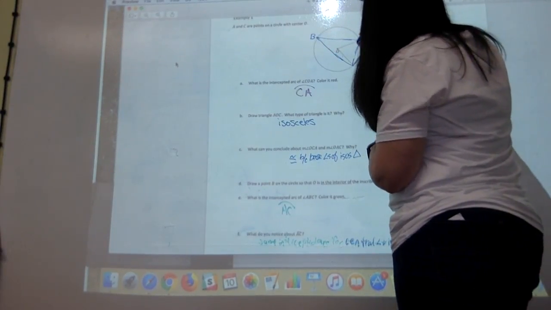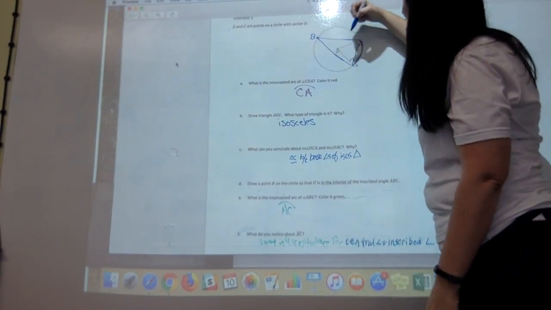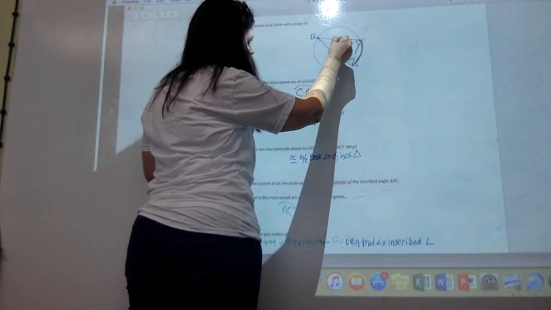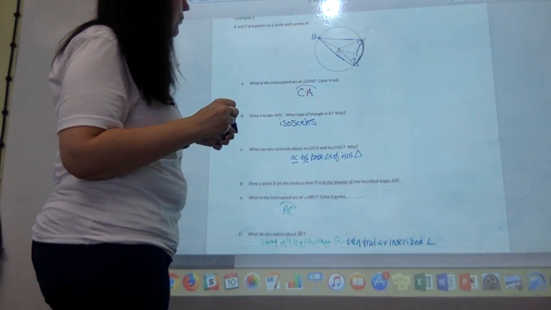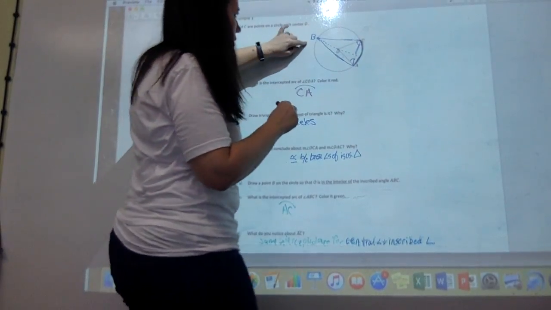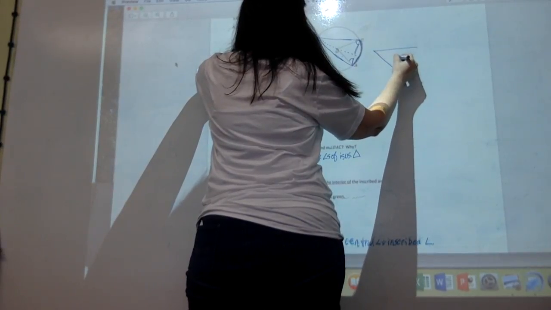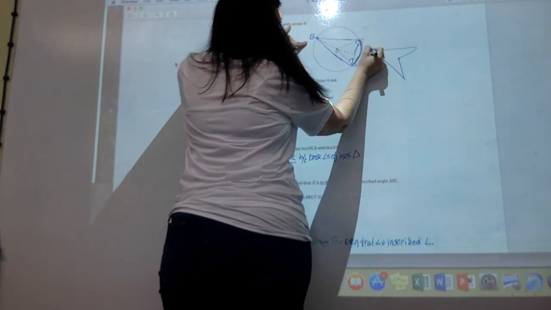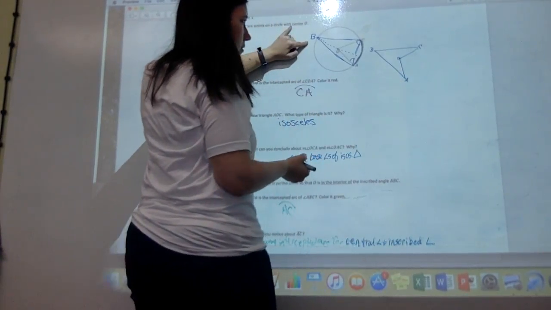We said these two are congruent with just that part, so I'm going to draw it from B through A. So here's this angle. This is B, this is C, that's O, and this is A.